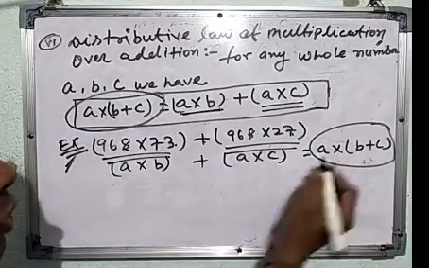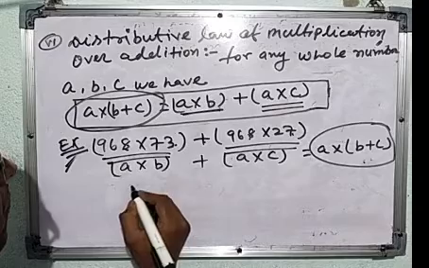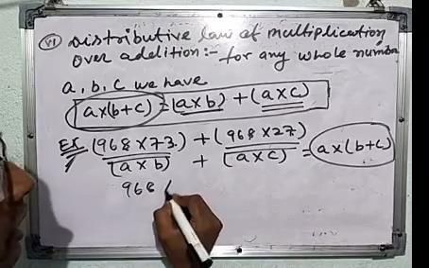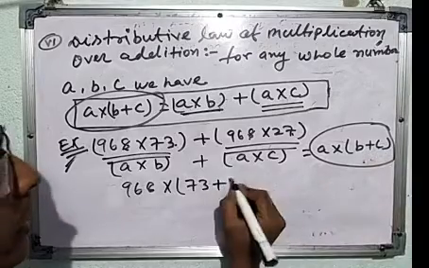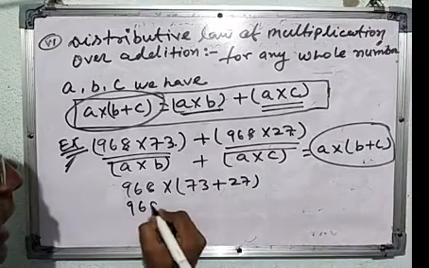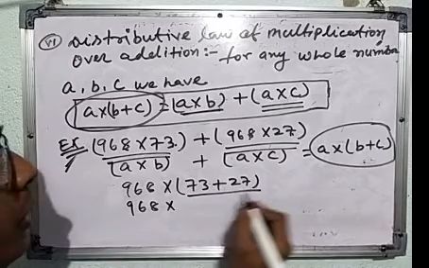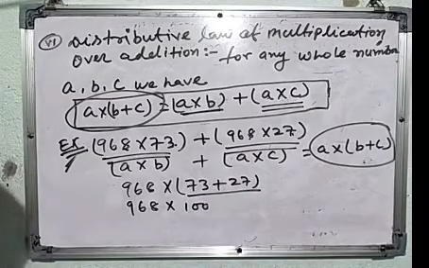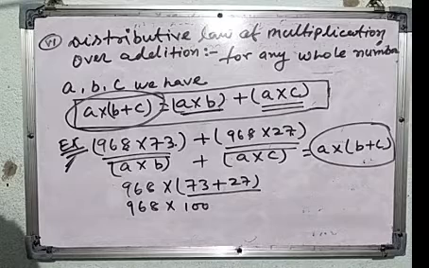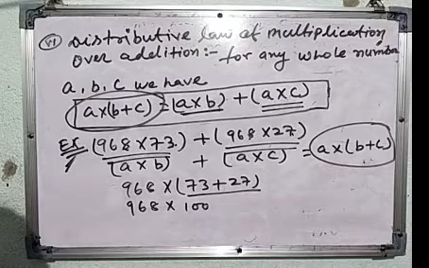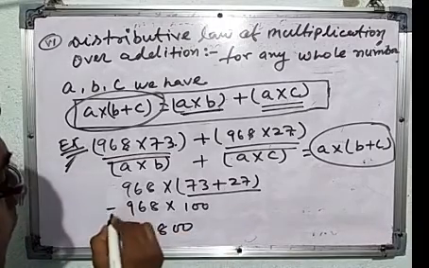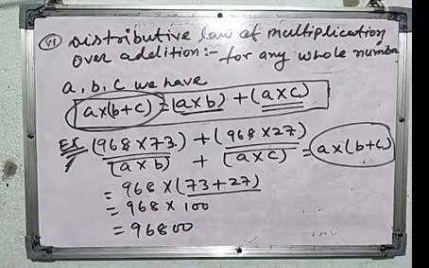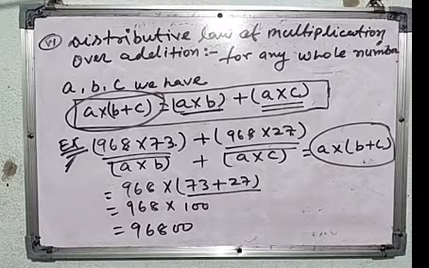So here you see the value of A, you write 968 into value of B 73 plus value of C 27. So 968 into you add, we get 100. Nine six eight double zero. Here you see distributive law of multiplication over addition.